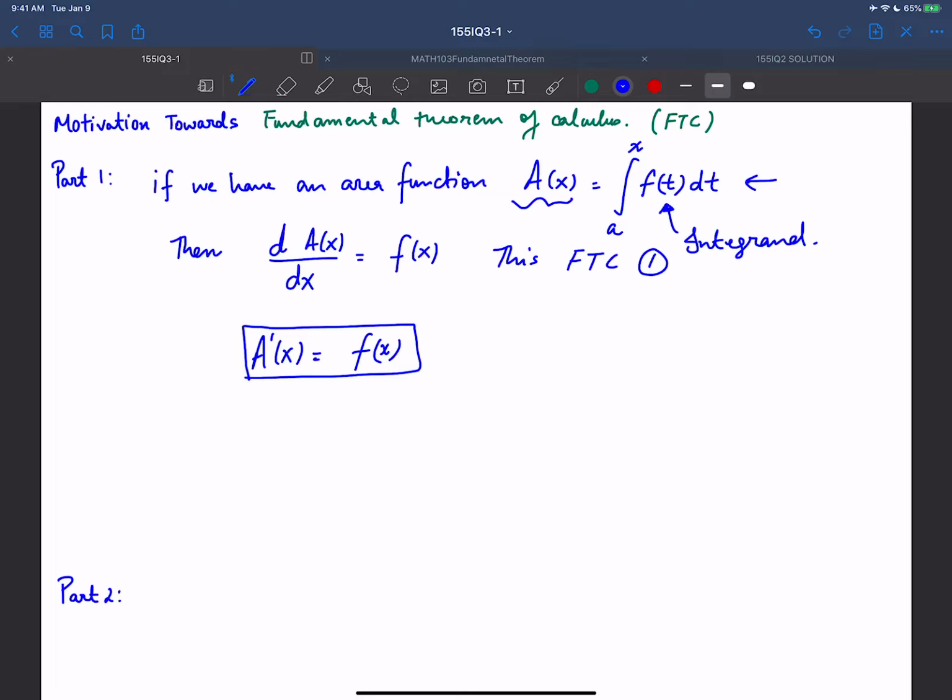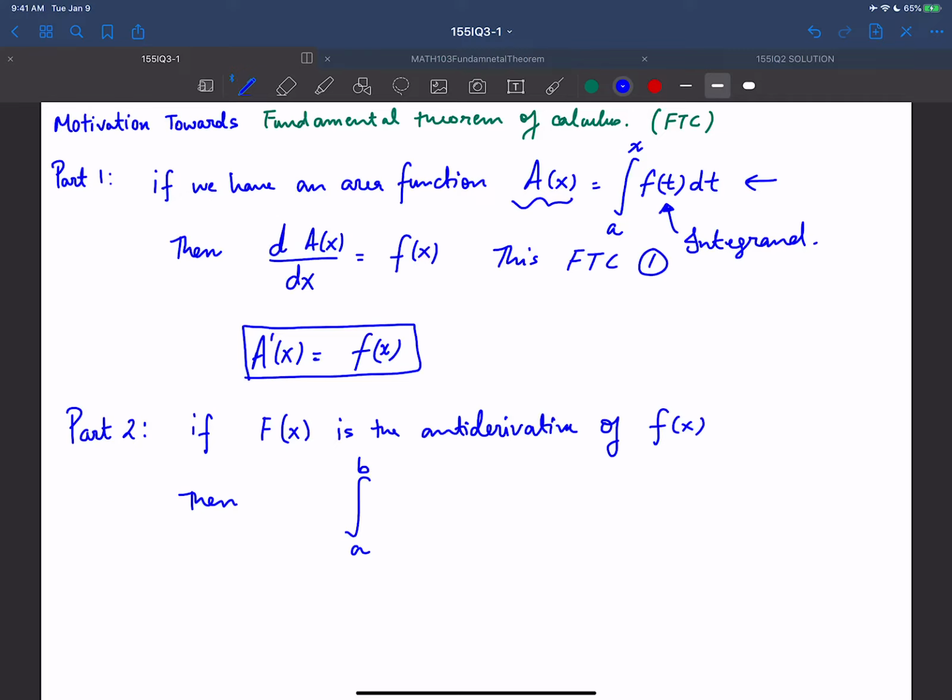That's it. So now part 2 builds on the given information. Part 2 tells you that, I'm going to put this on top of it so we can easily write it here, if a function capital F of x is the antiderivative of a function small f of x, so this is given, if you can find a function, which we call capital F, which happens to be the antiderivative of small f, then the integral from a to b of f of x dx is simply capital F of b minus capital F of a.